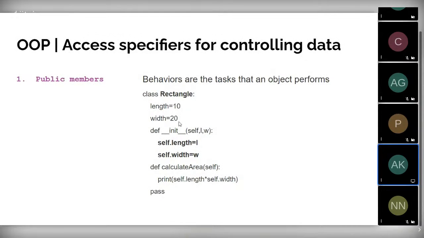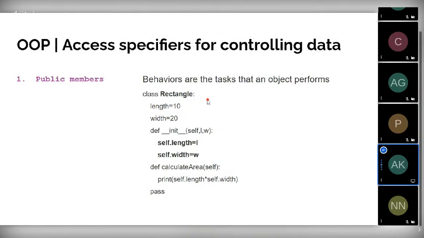Yes, sir. So that was about public members. Public members are those properties that are accessible to everyone to read or write. Everybody can read, everybody can write. This access modifier is called the public access modifier, and these are called public members.